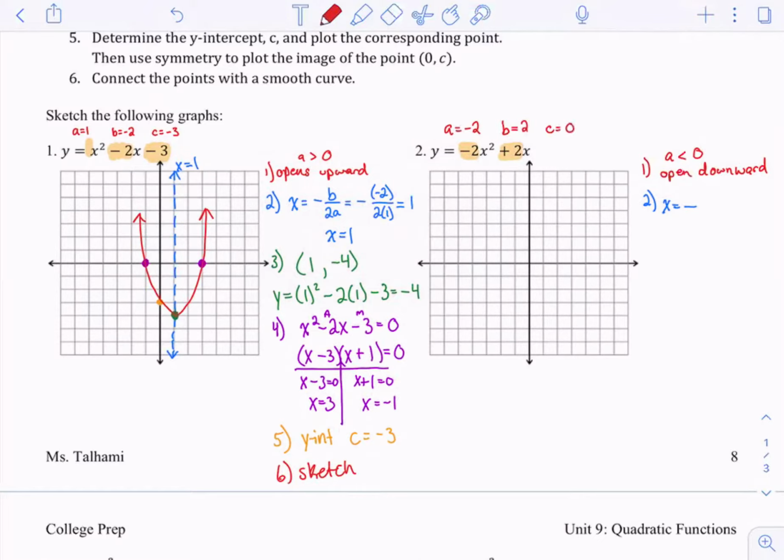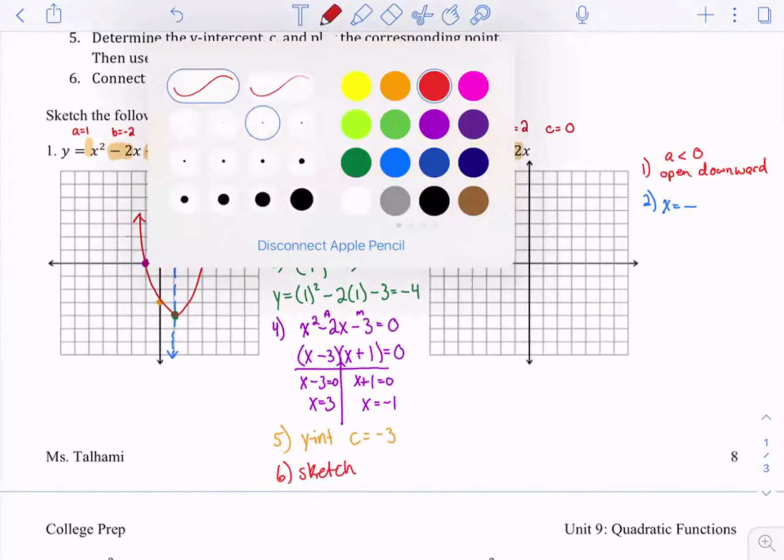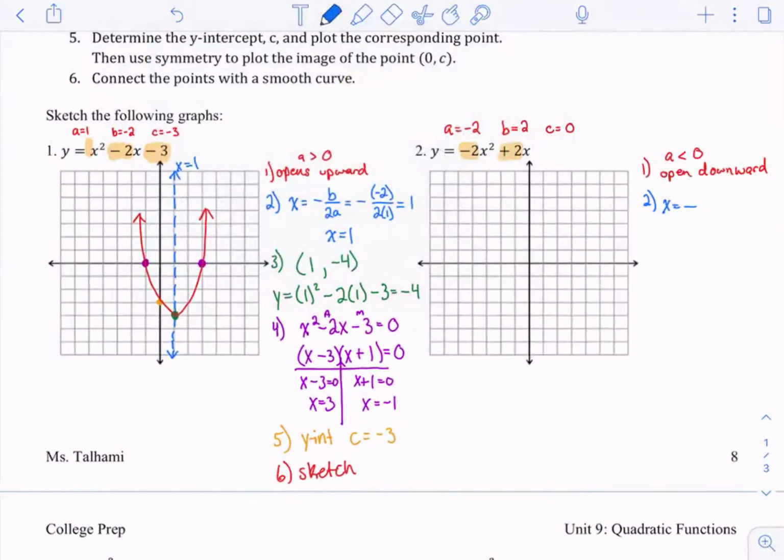So notice, since there's no c, my c equals 0. So make sure you note that. So this is going to be a negative b over 2a.